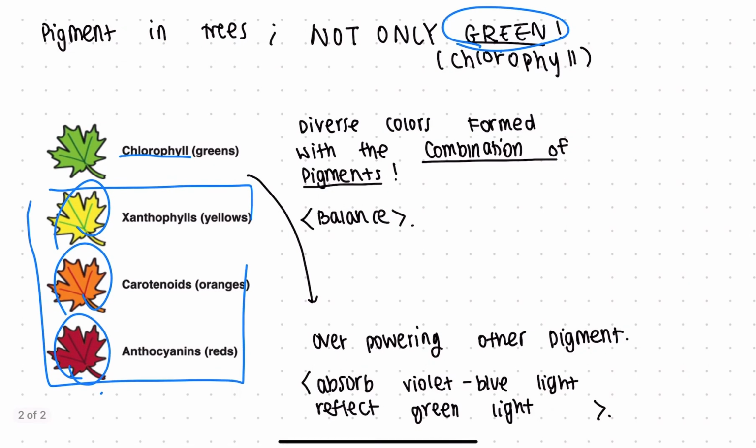Now, the leaves are formed with diverse pigments, and therefore what we are shown is the combination of different pigments, and balance is essential. However, what we usually see during spring and summer is chlorophyll, or the green color.